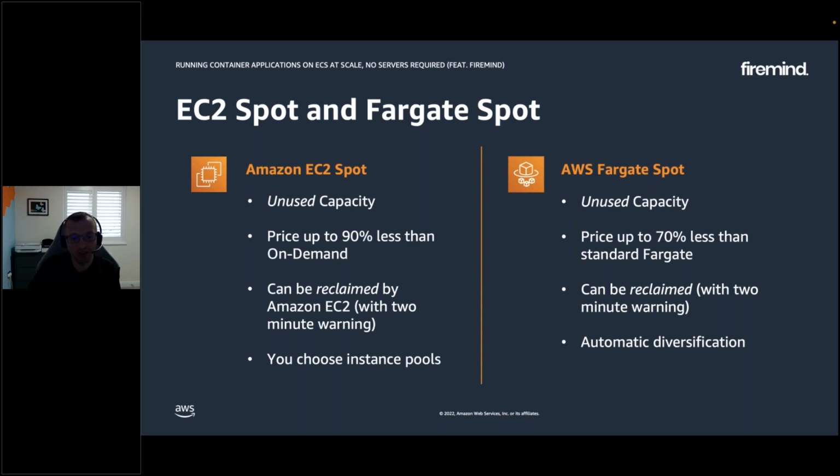So with Spot, this means a reduction in Fargate cost of up to 70% of standard Fargate prices. You should choose Fargate Spot if your workload can withstand interruptions, as Fargate Spot makes use of excess capacity in availability zones. As I mentioned, you can combine this with standard Fargate to ensure that you keep a base capacity whilst utilizing Spot to reduce the cost and increase the scalability of your task running.